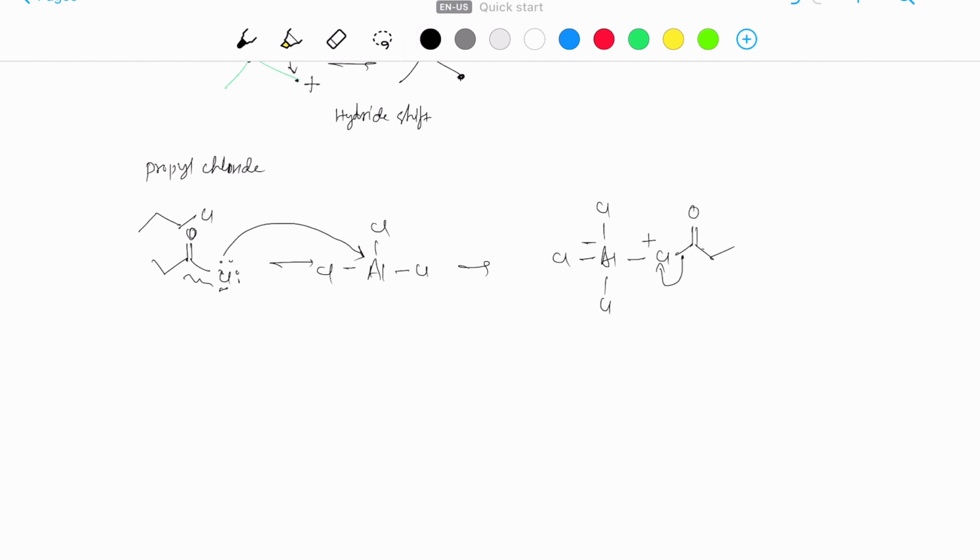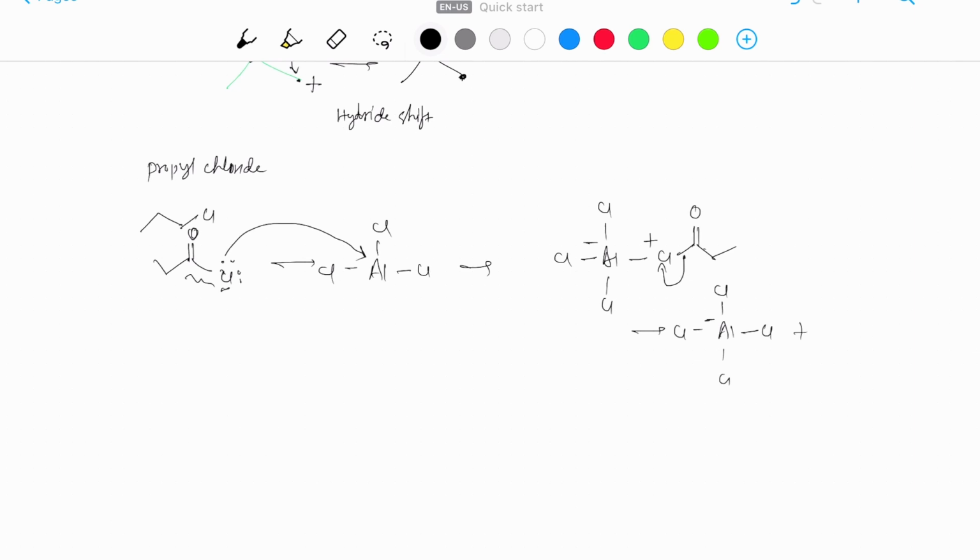And we first form this aluminum tetrachloride, and we are also forming an acylium ion. This is called an acylium ion.